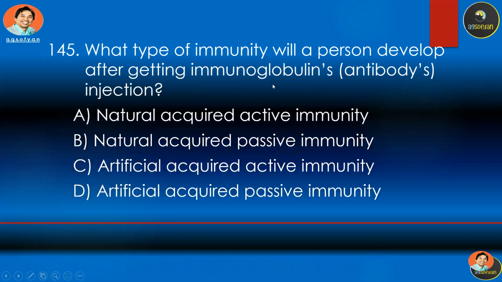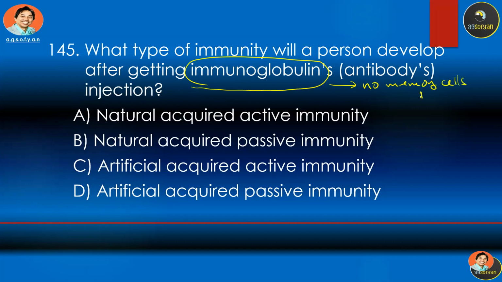What type of immunity will a person develop after getting immunoglobulins or antibodies injection? Getting immunoglobulins or antibodies will not allow us to make memory cell. So no memory cell is produced, then our immunity is just temporary, and it is called passive immunity, temporary immunity.